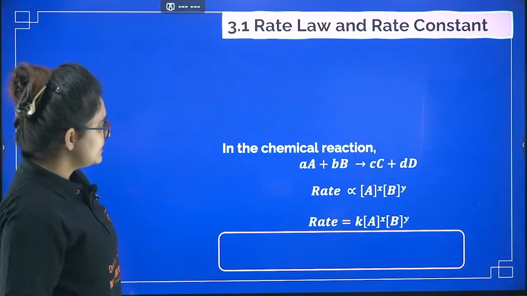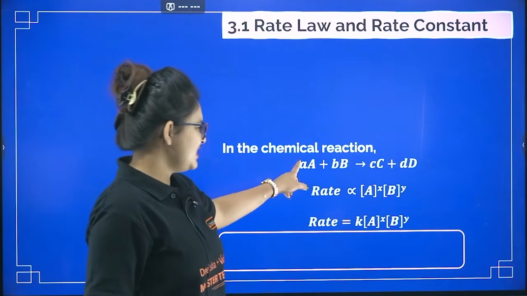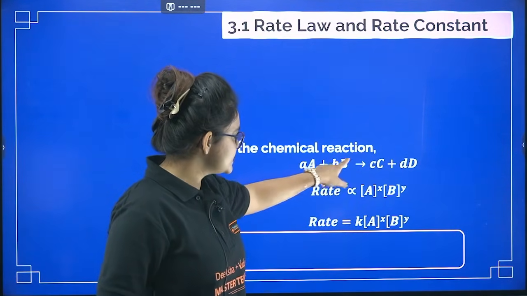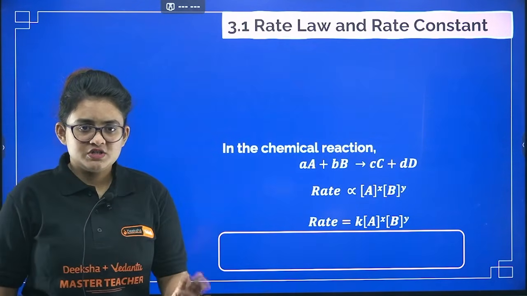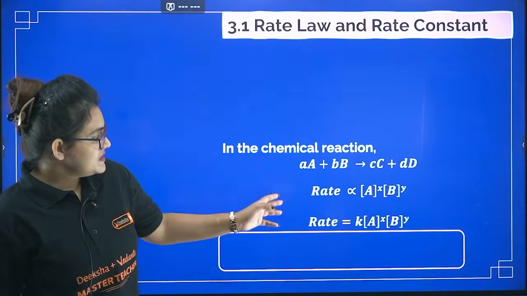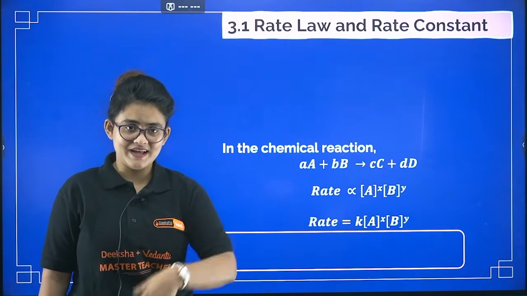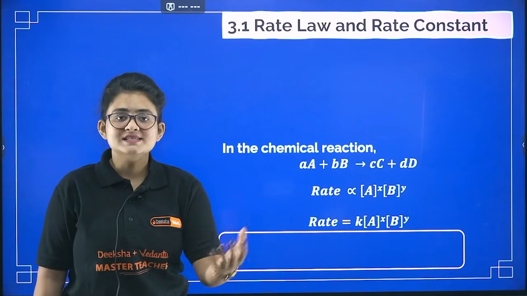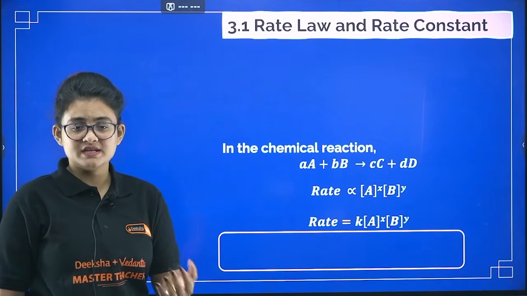Next, you can see this is a case. In the chemical reaction, let's say small a, small b, small c, small d are the stoichiometric coefficients. So they are saying that rate is directly proportional to the concentration of the reacting particles.